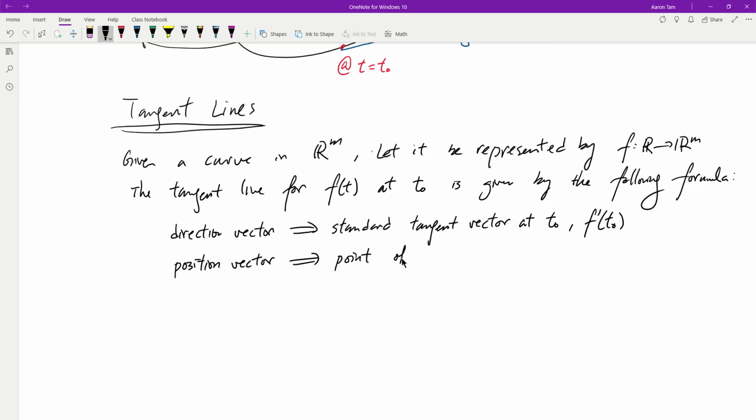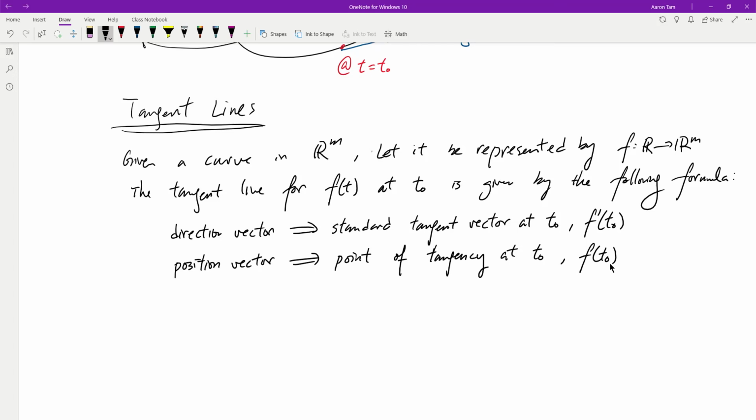Now I also need a position vector to define where the line is. So we will use the point of tangency, which is where we write our tangent. And a point of tangency at t sub 0 will be given by f of t sub 0. Because remember, the function f gives out position, and f prime gives out the tangent direction.